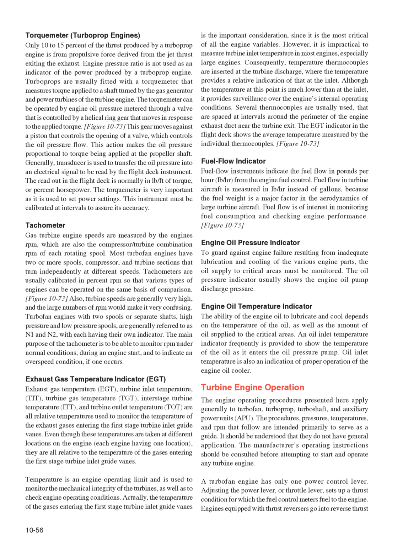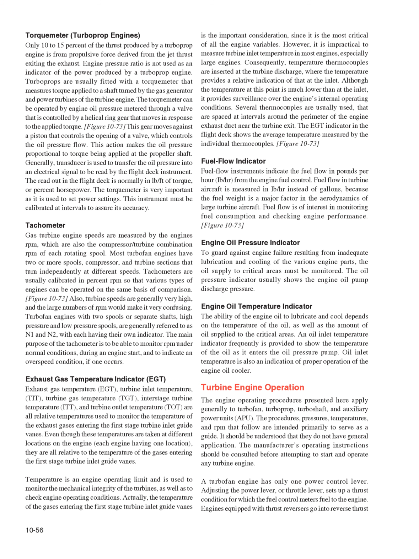Also, turbine speeds are generally very high, and the large numbers of RPM would make it very confusing. Turbofan engines with 2 spools or separate shafts, high pressure and low pressure spools, are generally referred to as N1 and N2, with each having their own indicator. The main purpose of the tachometer is to be able to monitor RPM under normal conditions, during an engine start, and to indicate an overspeed condition, if one occurs.